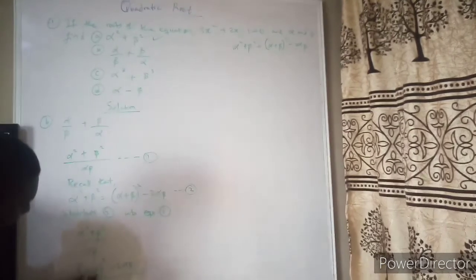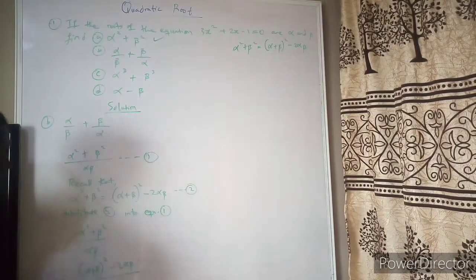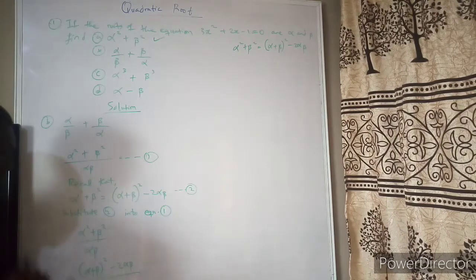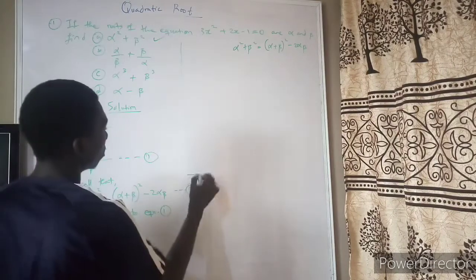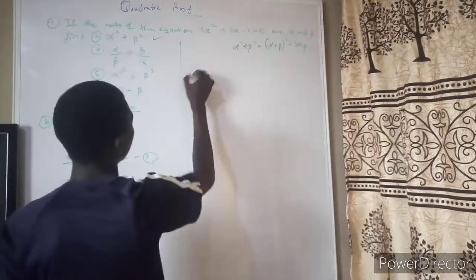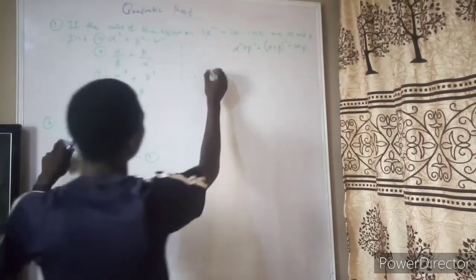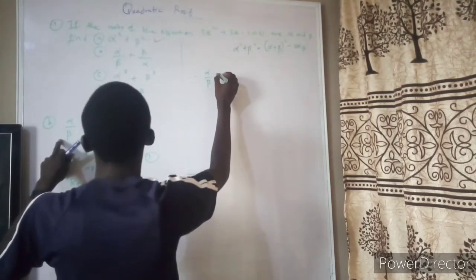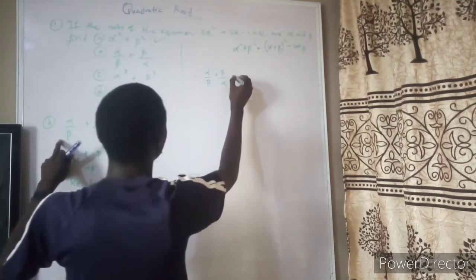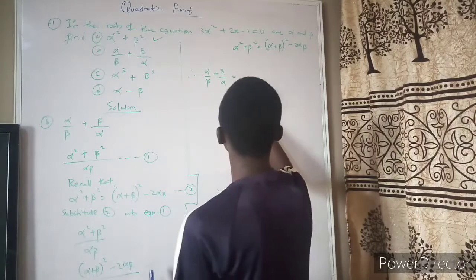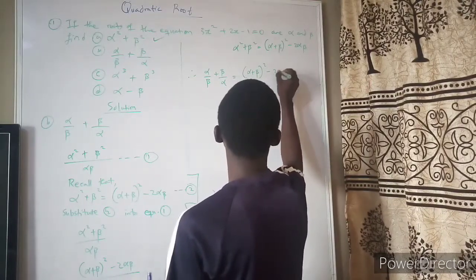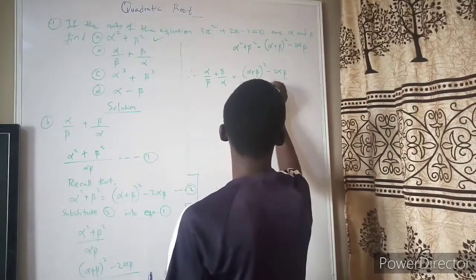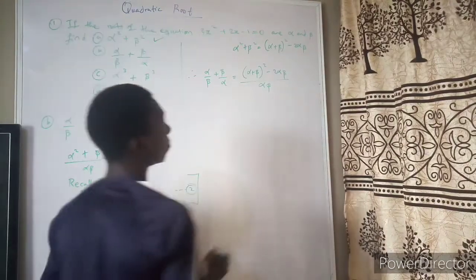Now let's check. It is now in terms of alpha plus beta and alpha beta. Therefore our question, alpha over beta plus beta over alpha, is equal to alpha plus beta all squared minus 2 alpha beta all over alpha beta.